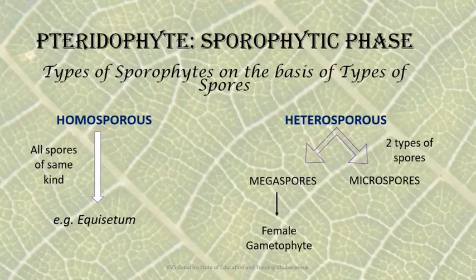The megaspores will give rise to the female gametophyte and the microspores will give rise to the male gametophyte. So we can say that the megaspores are the female spores and microspores are the male spores. So homosporous is when all the spores produced on a plant are of same kind, and heterosporous when male and female spores are produced on a plant.